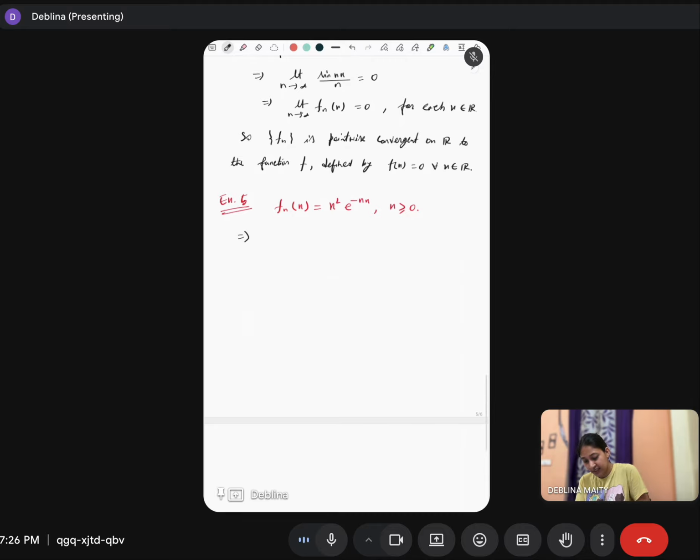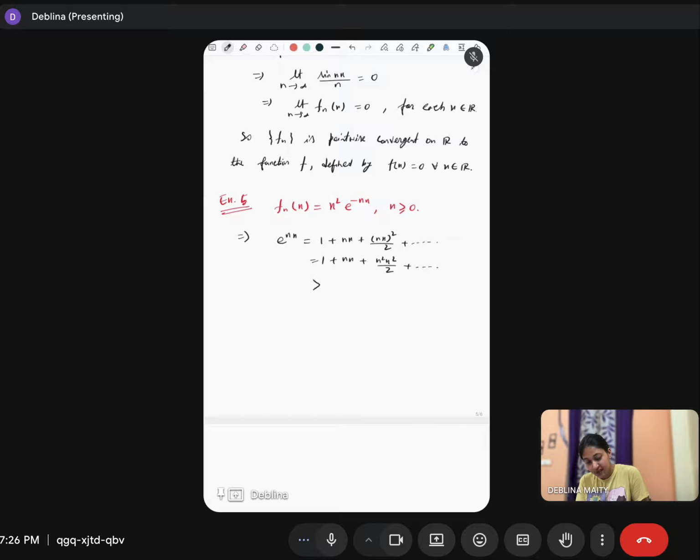Now we see that e to the power nx equals what? The power series of e to the power x is 1 plus x plus x squared by 2 and so on. So this is 1 plus nx plus n squared x squared by 2 plus and so on.